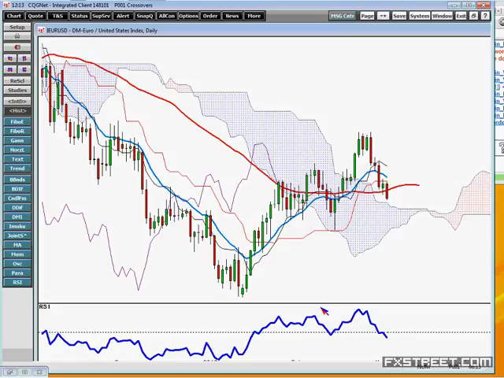I know that the cloud can make the chart look quite complicated, but as long as you've got your moving averages in sort of high definition, and then your cloud in the background, just giving you some confirmation. Actually, out of euro dollar now, just wary of this support coming in here about 131.18.